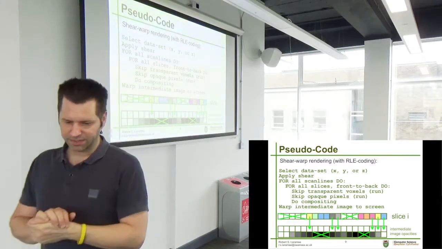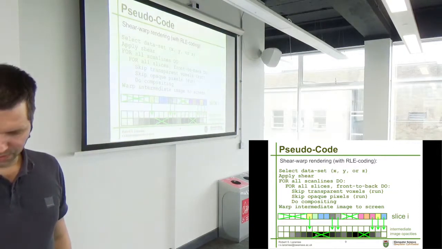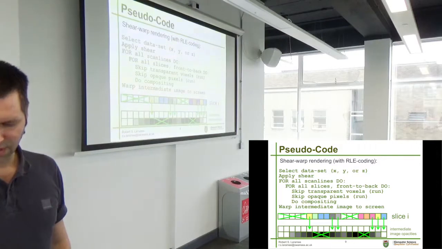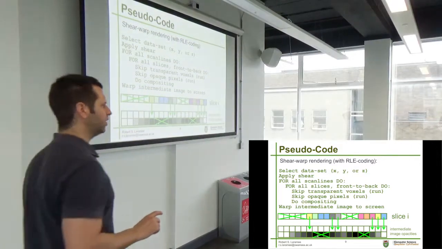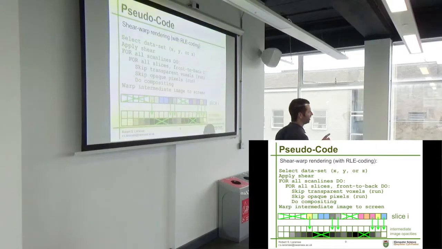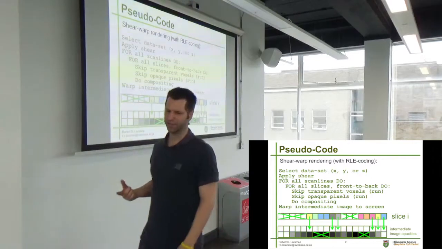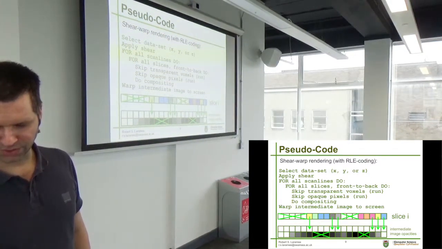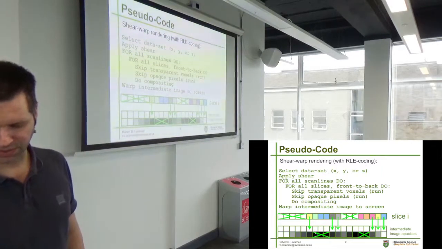So these three are pixels whose opacity is already 1. They've reached their maximum opacity, so we can skip them. That's the other acceleration. The first one was skip transparent voxels, the other one was skip opaque pixels.